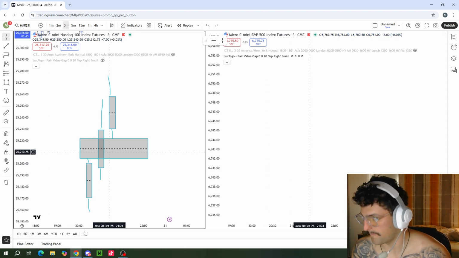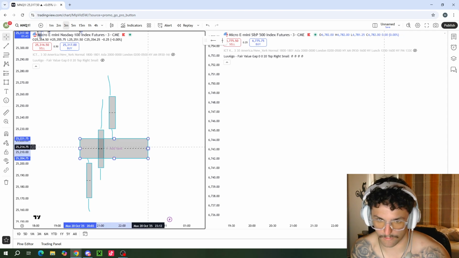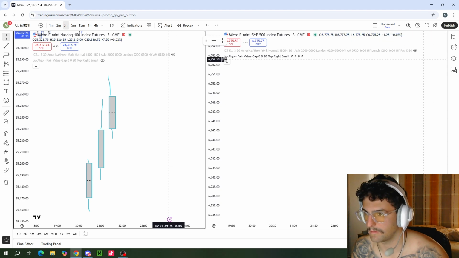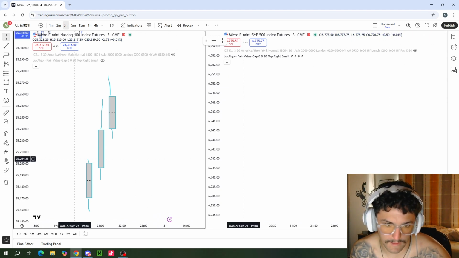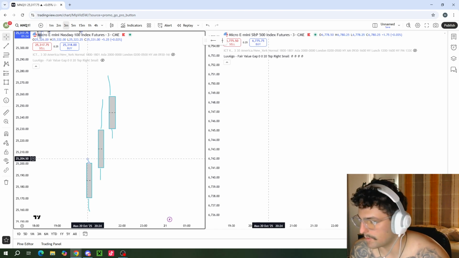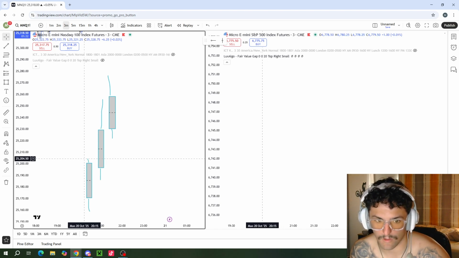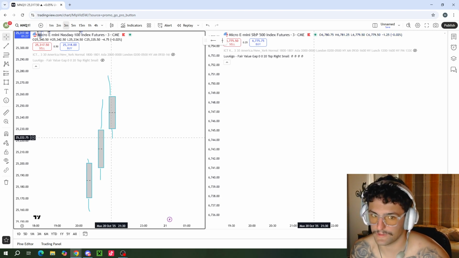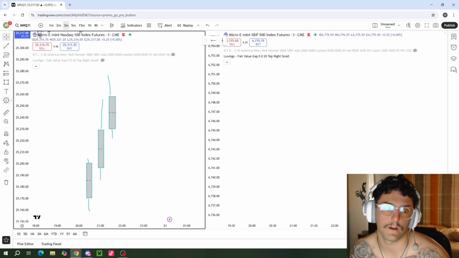Right, I'll go over that one more time. So, in the 3 candlestick pattern, it is from the top of this first candlestick's wick to the bottom of the third candlestick's wick.